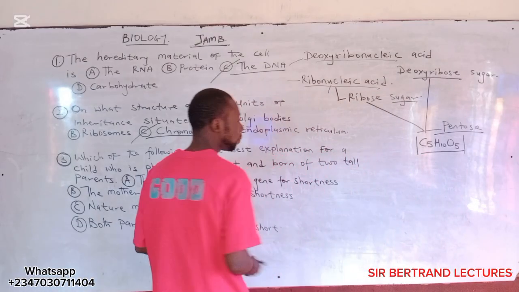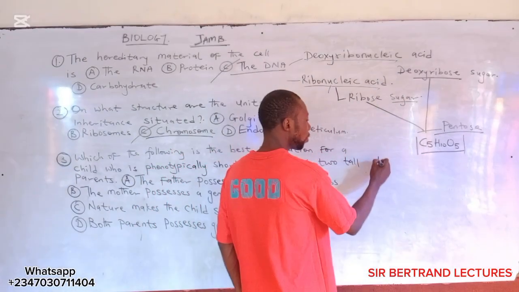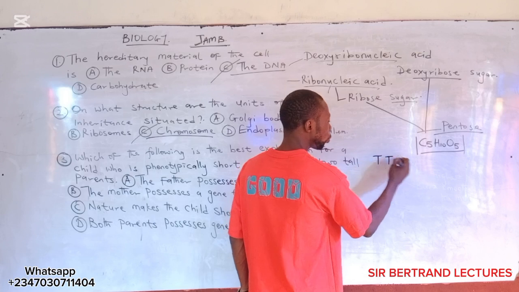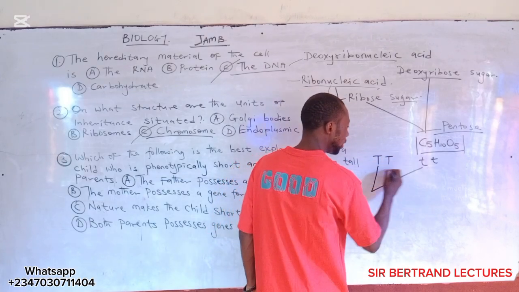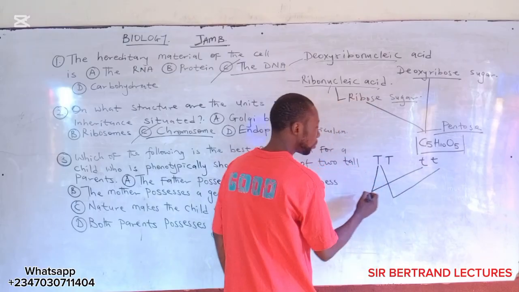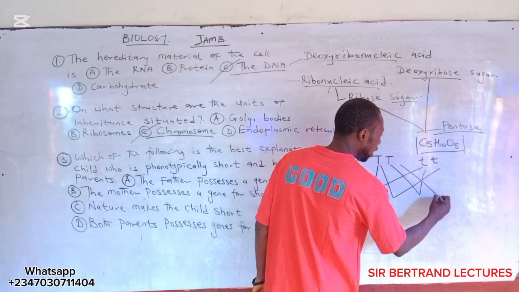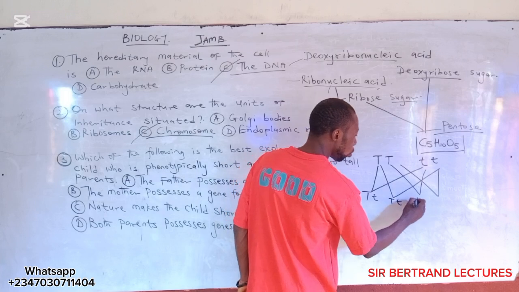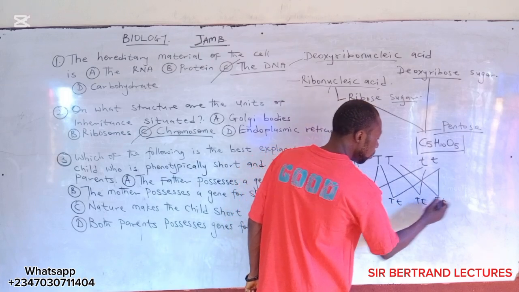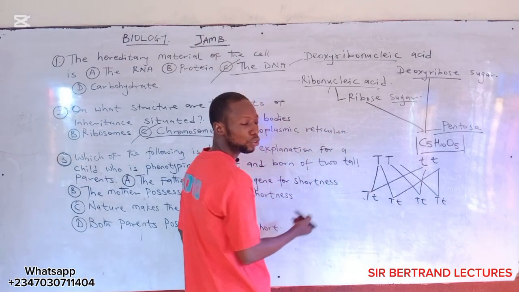If you look at the Mendelian experiment, he crossed pea plants, a tall and a short plant. After the crossbreeding, he observed that all of the offspring are tall. Why? Because we have a gene that is dominant.